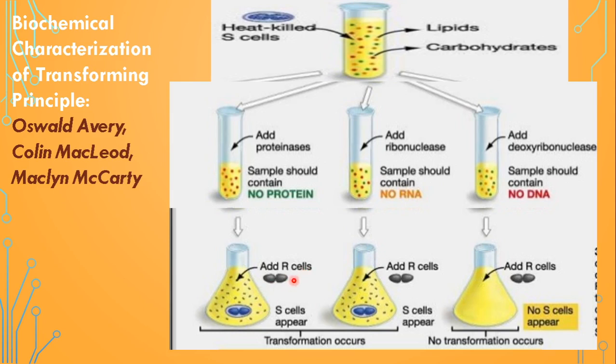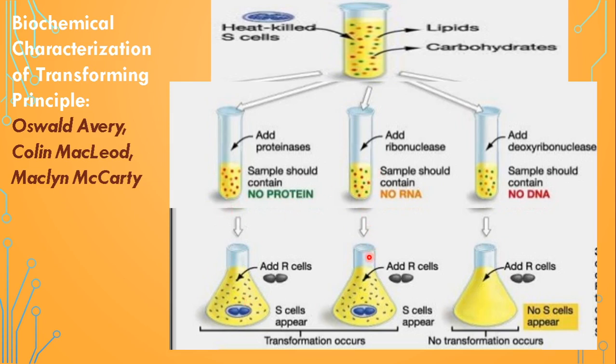The living rough strain bacteria were added to the first sample, which did not have any protein, mixed, and then injected into mice. It was seen that S cells appeared. That means transformation occurs in this first case, which did not have protein.